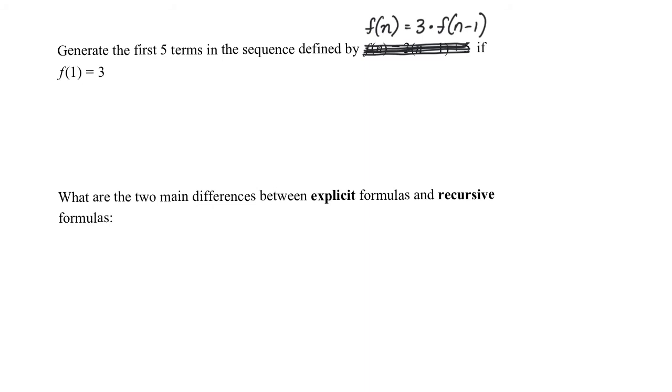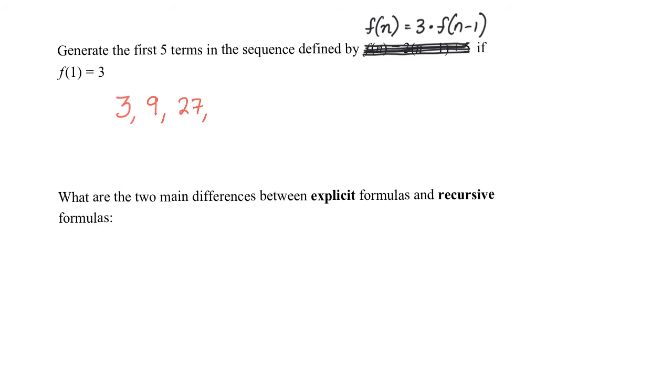So if I want to generate the first 5 terms in this sequence, I'm going to start with 3. Then, in order to get the second term, I do 3 times the first term. That's going to give me 9. To get the third term, I do 3 times the second term, 27.